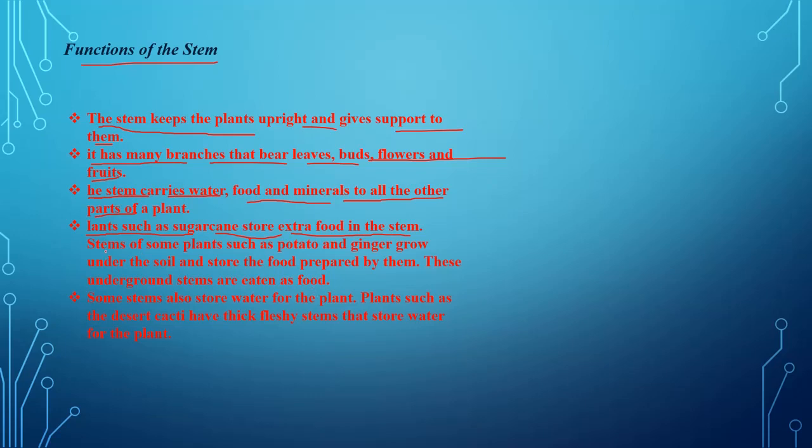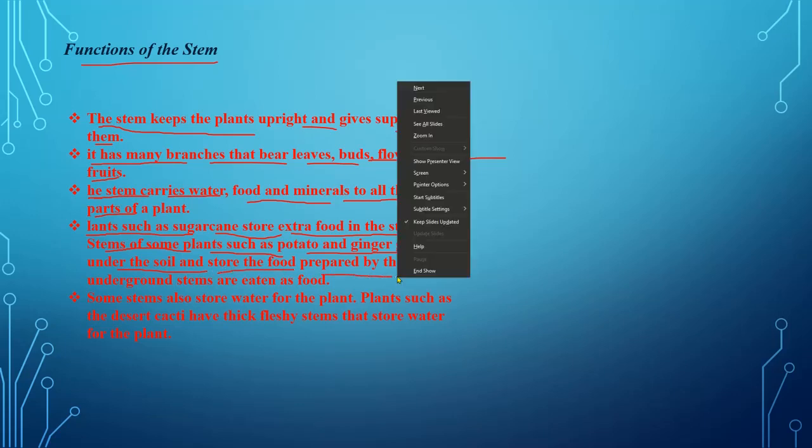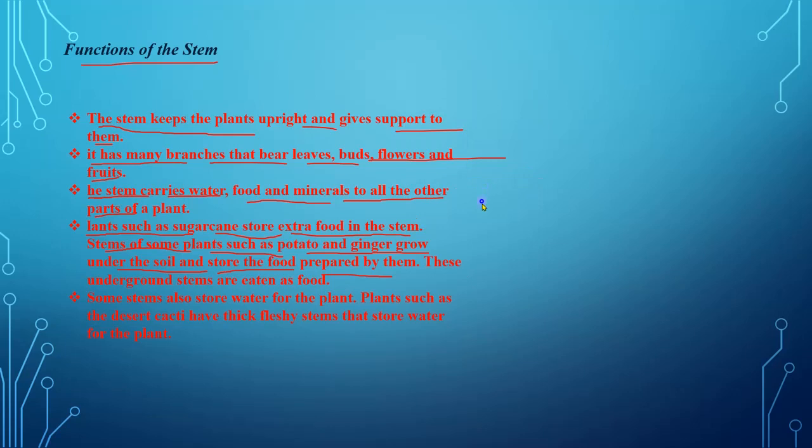So stems of some plants such as potato and ginger grow under the soil and store food prepared by them. So some stems will also grow under the soil.